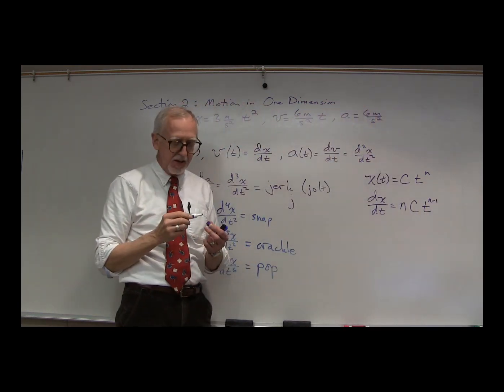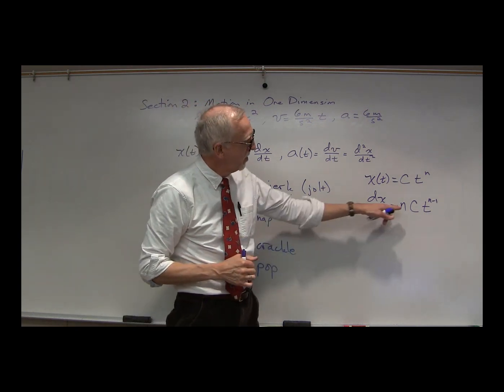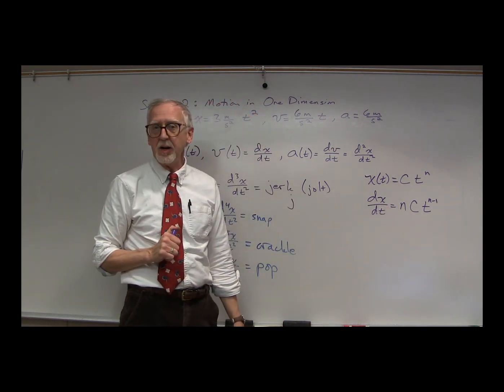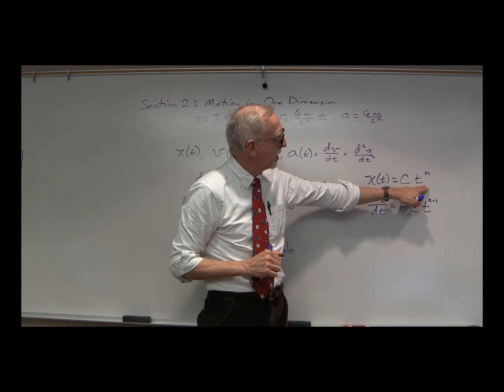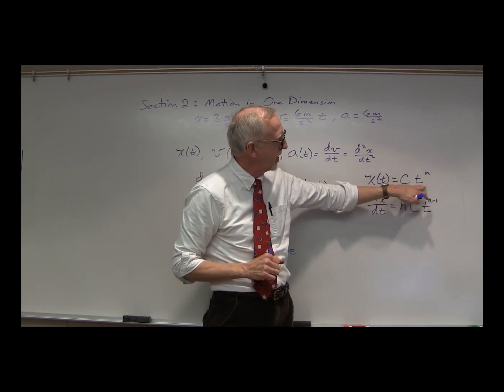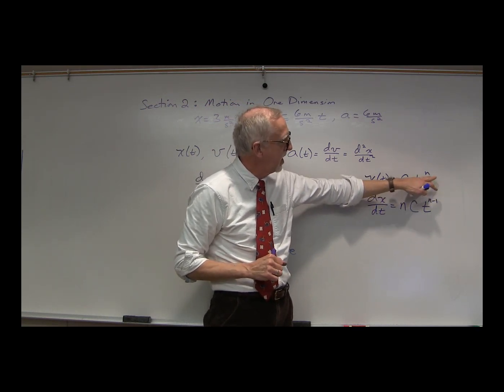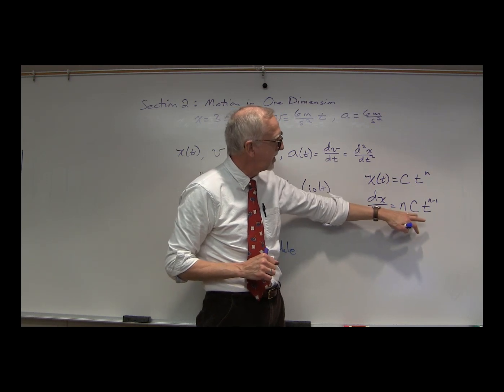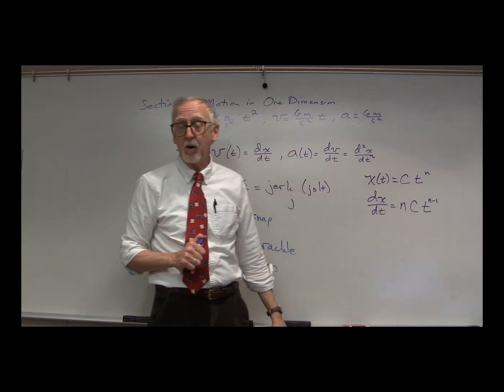That pops up often, so it's a good thing to keep in mind: to differentiate a monomial term with just a power like this, t to the n, bring down the factor of n times the initial constant, and then subtract 1 from the power.